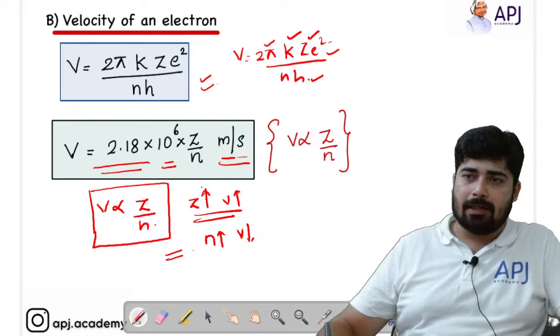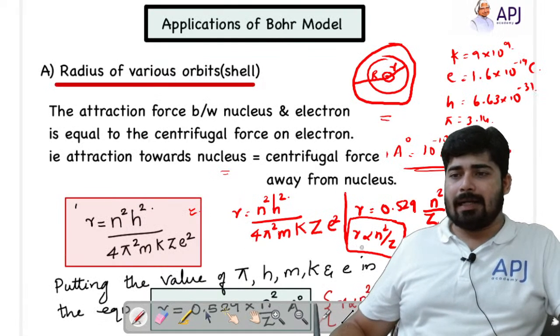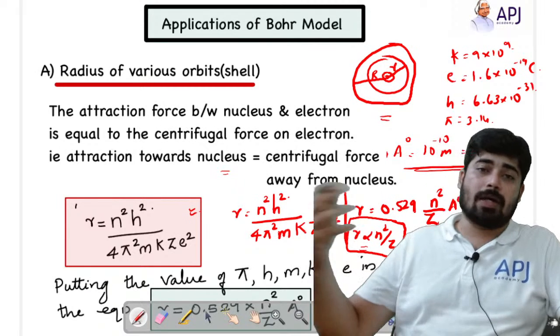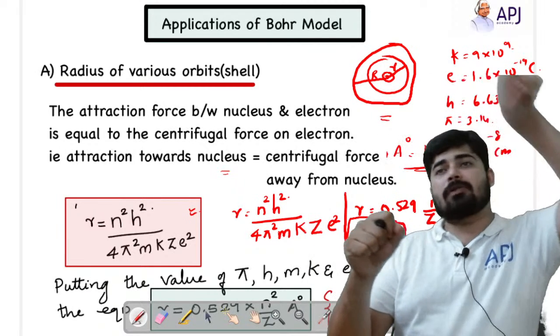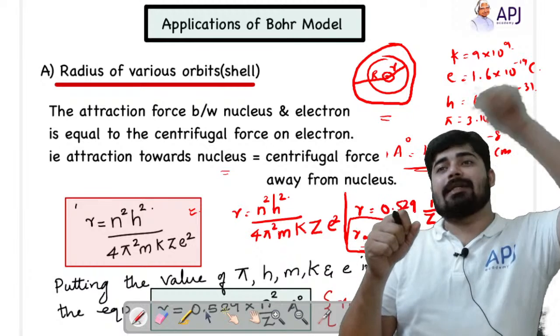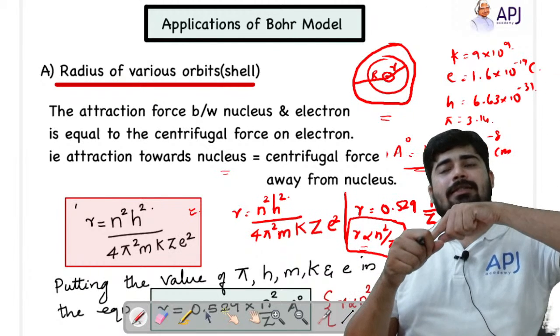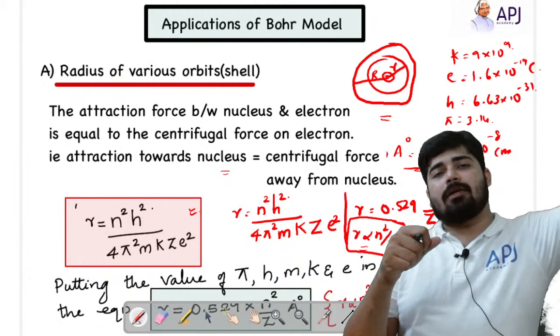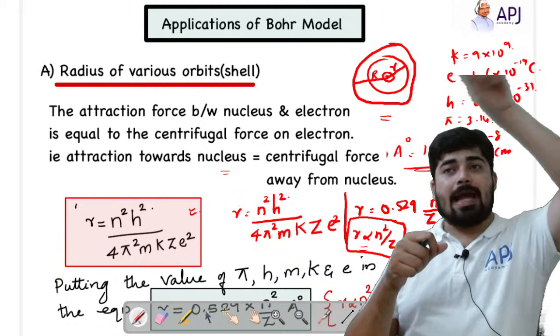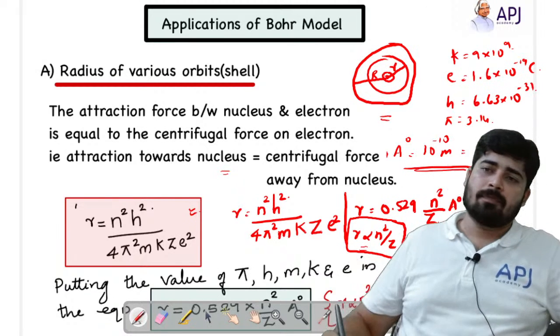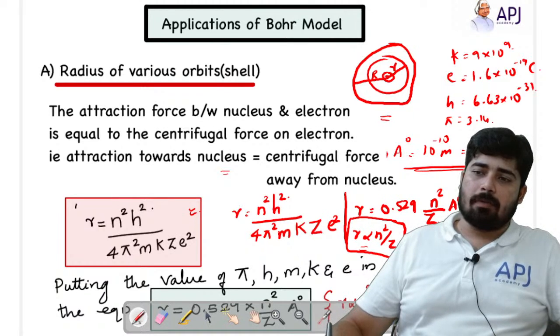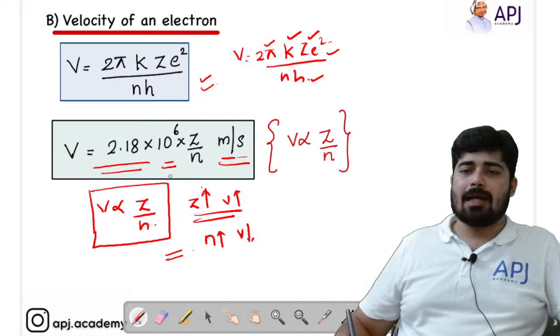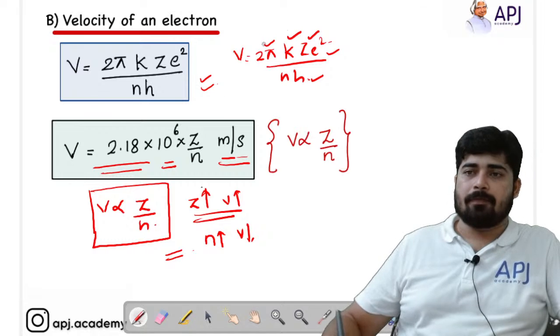Previously we had the relation for radius: radius is directly proportional to n square by z. As the number of shell increases, the distance from the center of the nucleus to the shell increases. So remember: R is proportional to n square by z and V is proportional to z by n.